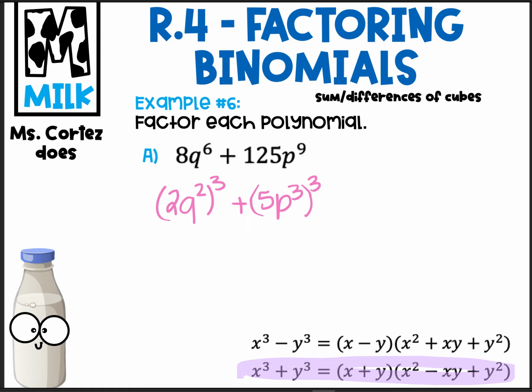Now that I have this as a sum of cubes, I can factor using the second formula here at the bottom. This will be 2q squared plus 5p cubed, because this would be my x and this would be my y when I substitute it, times x squared, 2q squared.